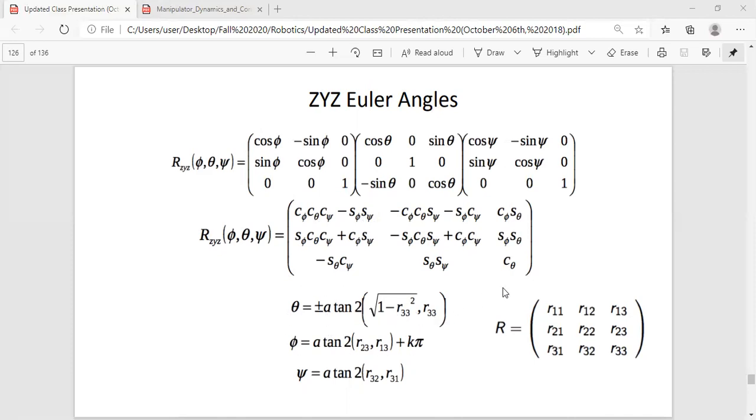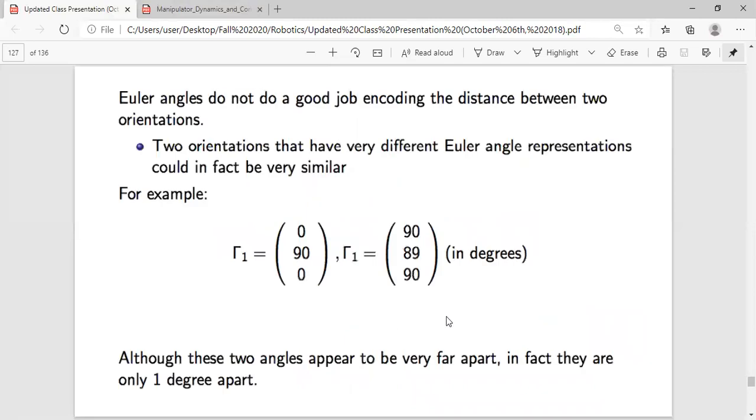Okay, next, one last thing regarding Euler angles. It turned out that Euler angles don't actually do a good job of telling you the distance between 2 orientations. If I have two different orientations, like frame 1 and frame 2, and frame 2 is rotated by some angles, and I want to define the rotation matrix between these 2 frames, we already know what that is.